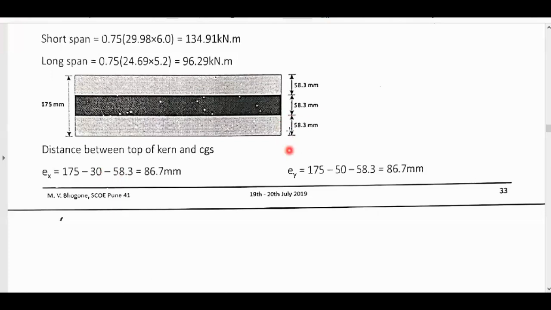So this 58.3 minus this cover will be deducted from the overall depth. And here also overall depth is 175, and here the cover is 50 in the other direction, and 58.3 is the distance from one strip to the other, and Ex, Ey will be now 86.7 mm.